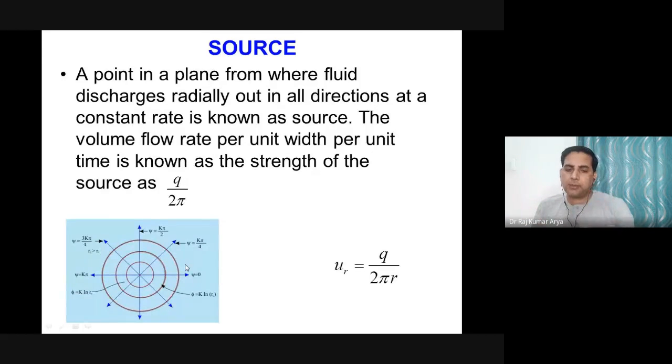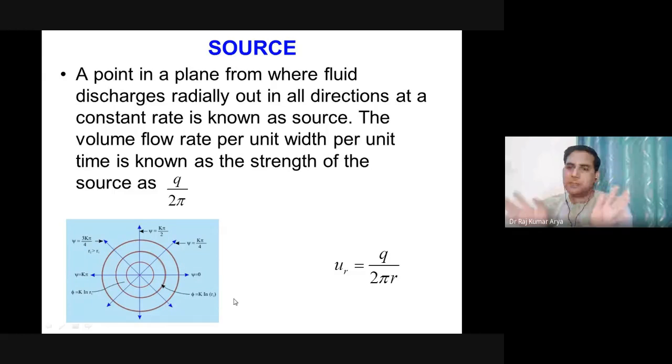So at a particular r, you can draw an equipotential line. So here, each circle is an equipotential line. From there, your potential function will have some value, and that value is the value of the velocity. The only thing here is the direction is getting changed; the magnitude is the same. Sometimes it would be this side, then this side, then this, because your theta is getting changed.